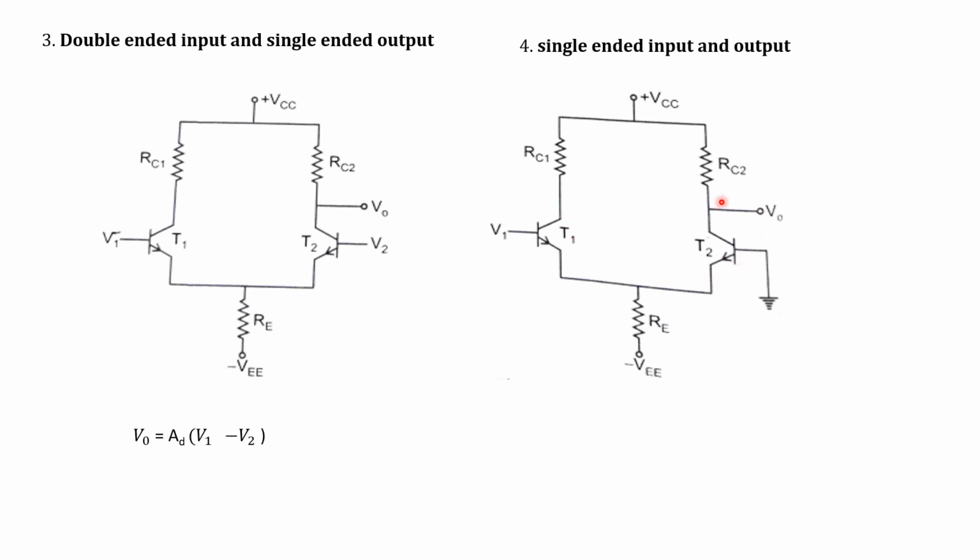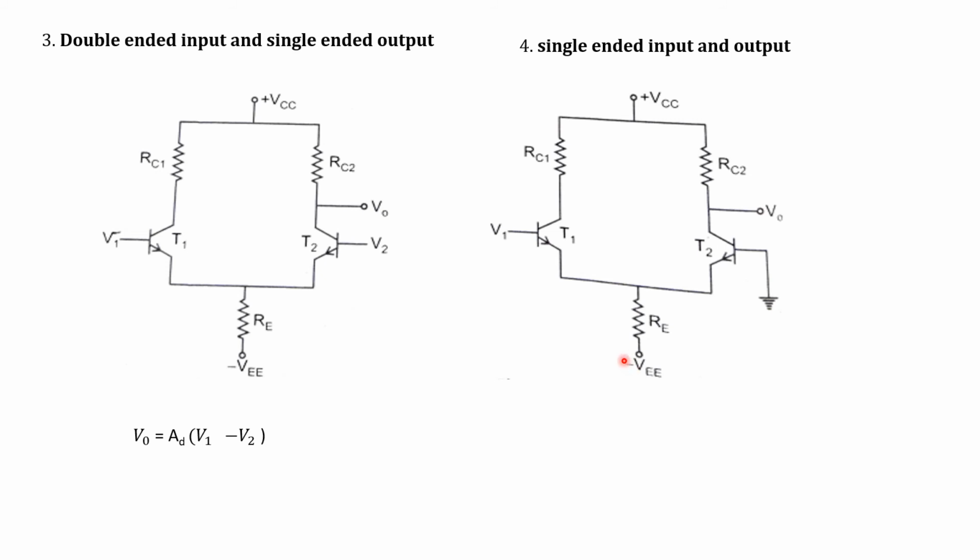In all these modes of operation, the transistors T1, T2 are identical. The two resistances RC1, RC2 are also identical. VCC is the collector power supply and it is positive, whereas the emitter voltage supply is negative, that is minus VEE, and RE is the emitter resistance.